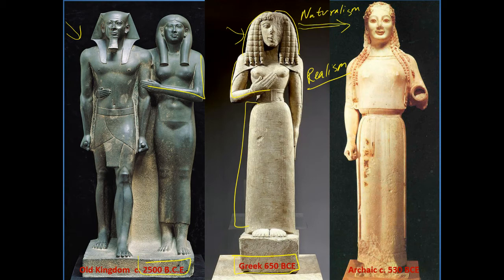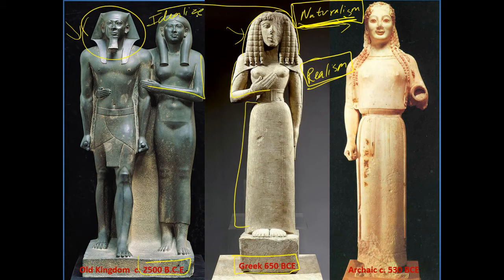And to me, that's a difference because, for example, if Menkaure is an old man, but I'm creating this image of him as Pharaoh, I'm going to make it look like a man still, like he would in nature, but I'm not going to make it realistic because I'm not going to put wrinkles on the guy. I'm going to naturalistically idealize him. So he's still going to look like a man, he's just going to look a lot younger. As opposed to realism, which is like, I'm going to make him ugly, I'm going to make him wrinkly, I'm going to make his ears stick out, or whatever the case may be.